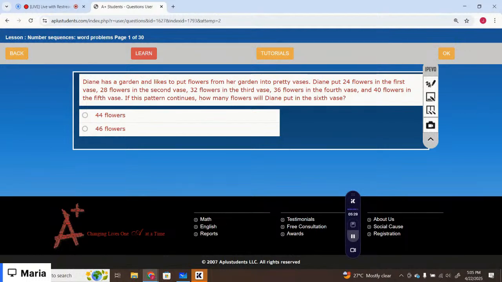Jane put 24 flowers in the first vase, 28 flowers in the second vase, and 32 flowers in the third vase, 36 flowers in the fourth vase, and 40 flowers in the fifth vase.